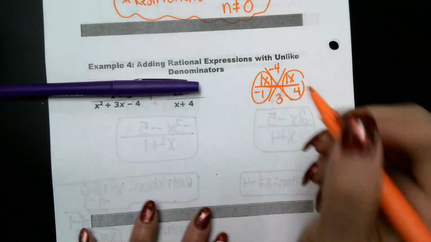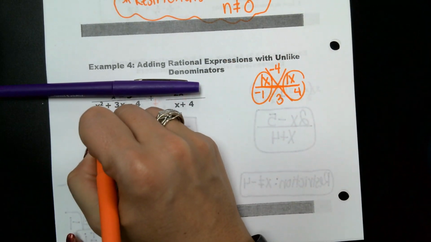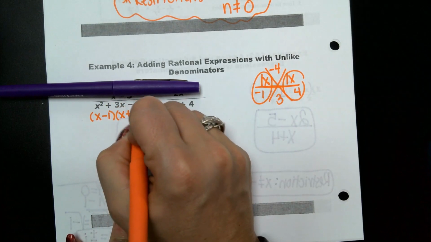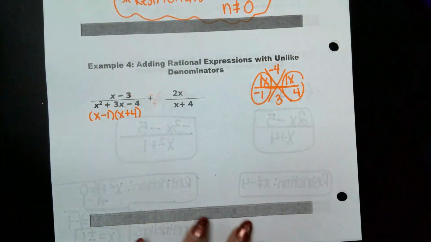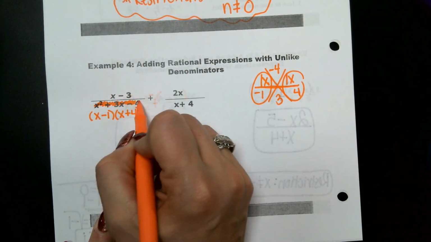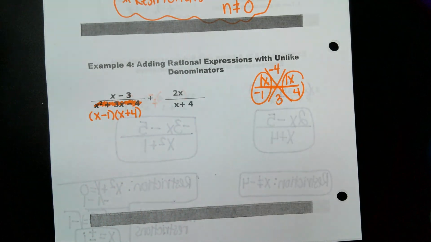Okay, so I want you to write those two sets of parentheses over here under the quadratic. And then I just want you to cross this out because we are not looking at that form of it anymore.